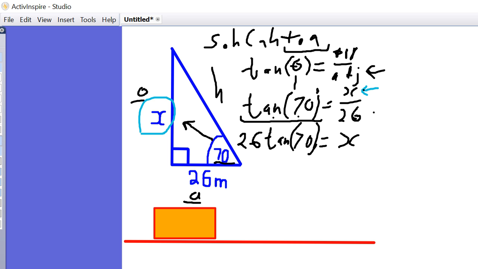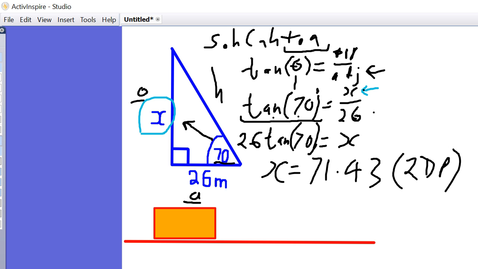Now all I do is grab my calculator and calculate 26 lots of tan 70. Hopefully you get the answer 71.43. So x is worth 71.43, and it goes on and on, so I'll put 2dp. And probably write meters, because remember, we have to check: it is a length, so I say how long it is.